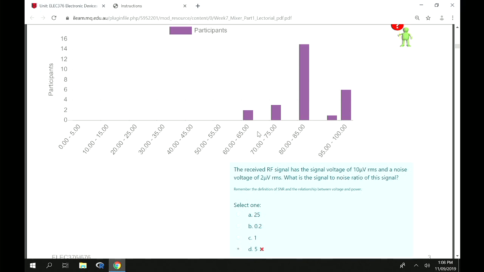You want the signal power to be really high and the noise power to be really low, so the signal power divided by the noise power becomes closer to infinite or a very large number. So if you have a very noisy signal, your noise power goes up, so your signal to noise ratio goes down.